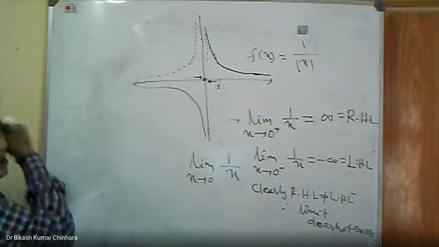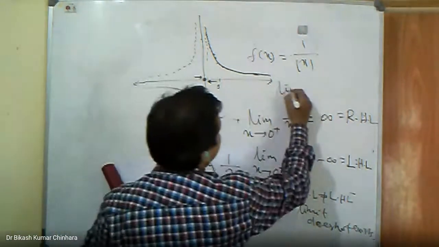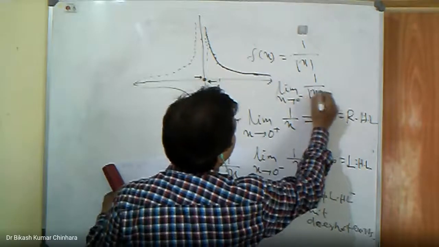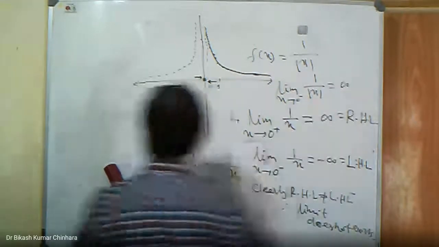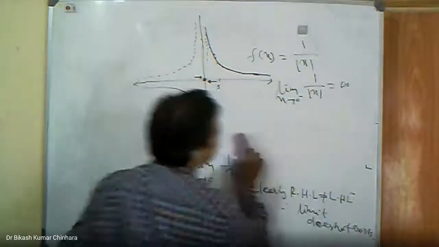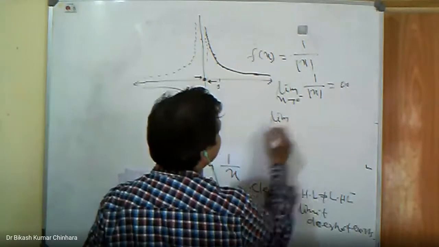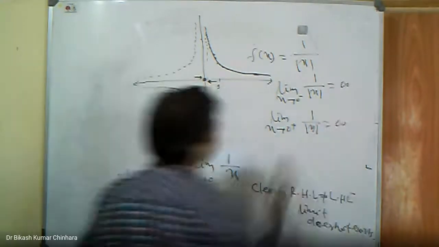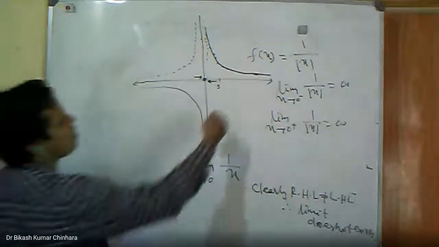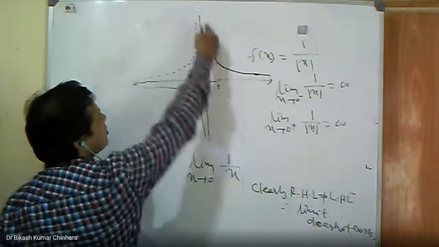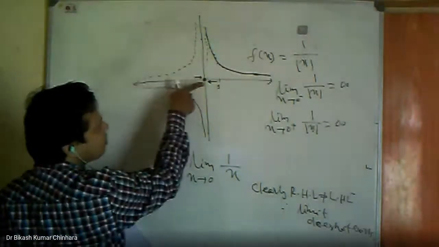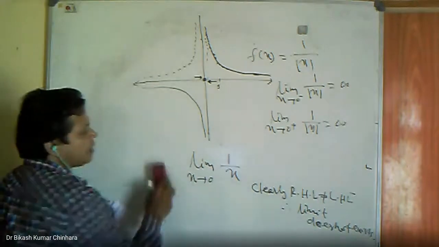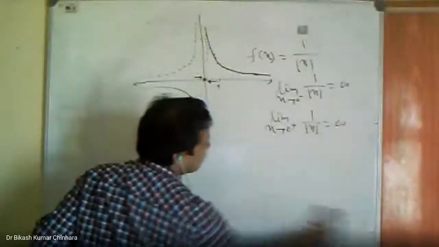And I can say that when limit x tends to 0 minus it is infinite, and also when limit x tends to 0 plus, 1 by x is also infinite. Because whenever I move from this direction, its value goes to infinite, and whenever I move in this direction, its value is infinite. So here I can say that the limit exists, but its value is infinite.